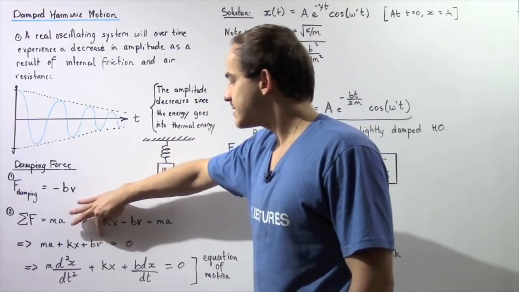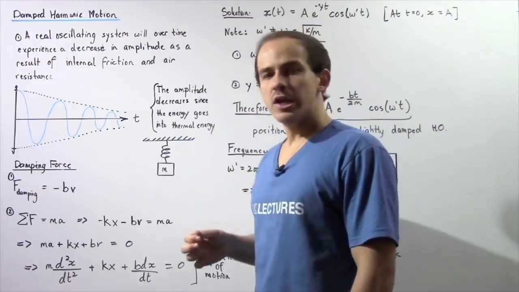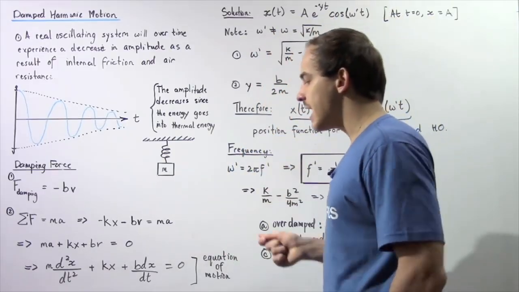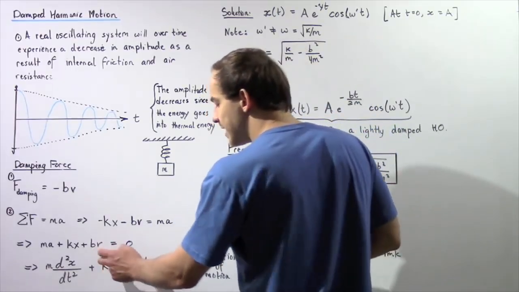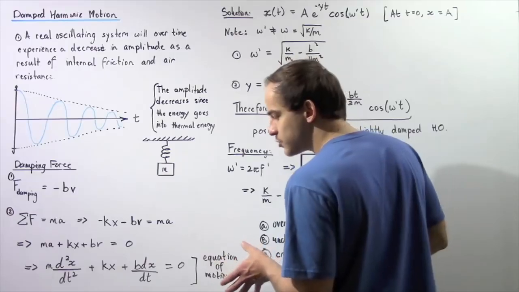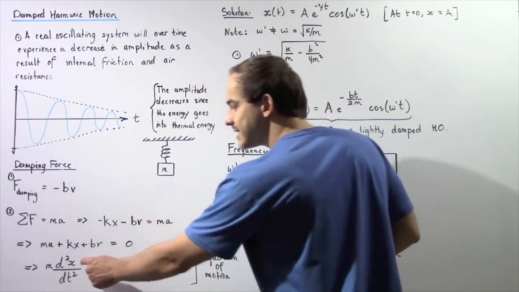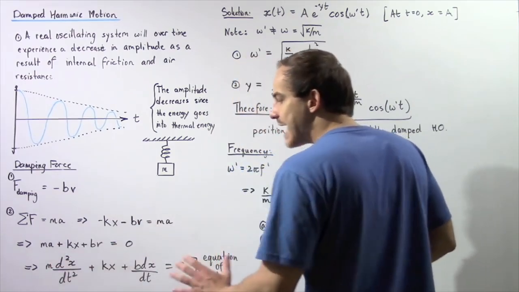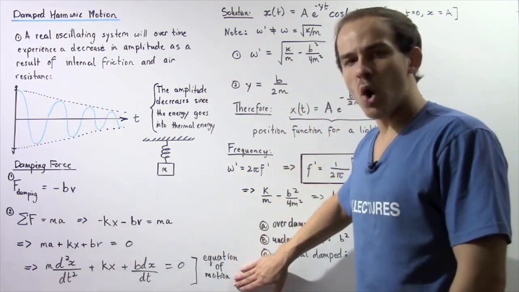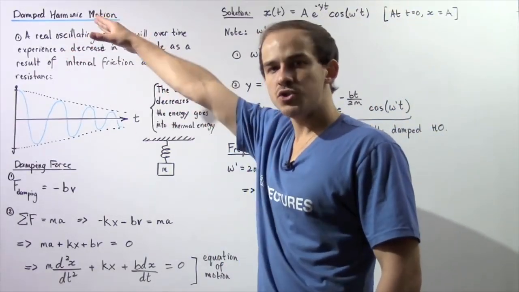Now, in the same exact way, by definition, velocity is equal to the first derivative of our position function with respect to time. So we can replace velocity with the following first derivative. And that means we have the following equation that only has displacement terms. And so this equation is known as the equation of motion for objects undergoing damped harmonic motion.